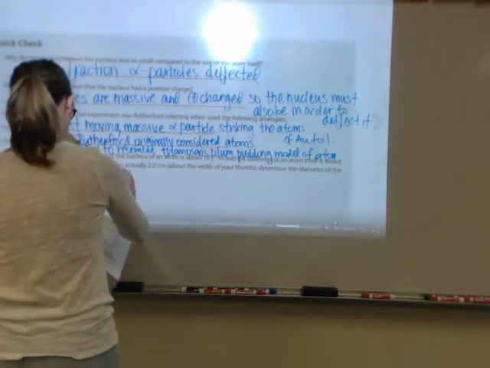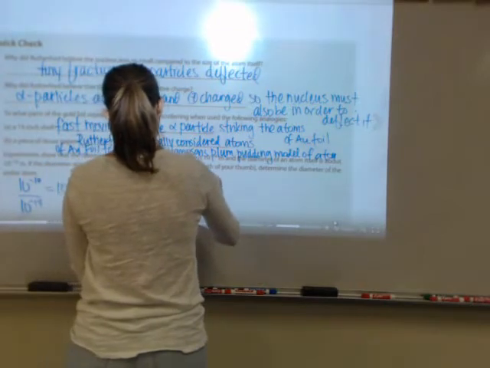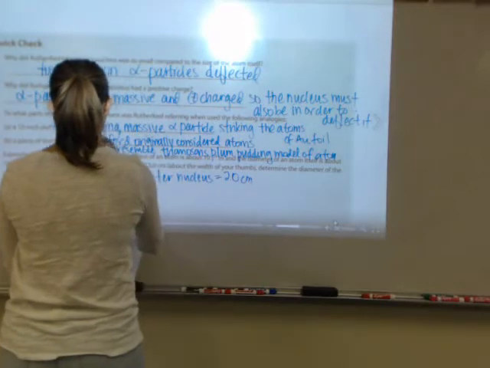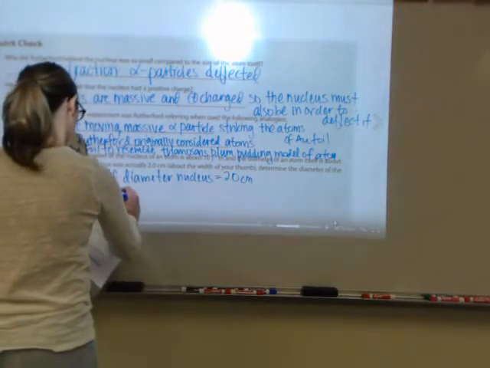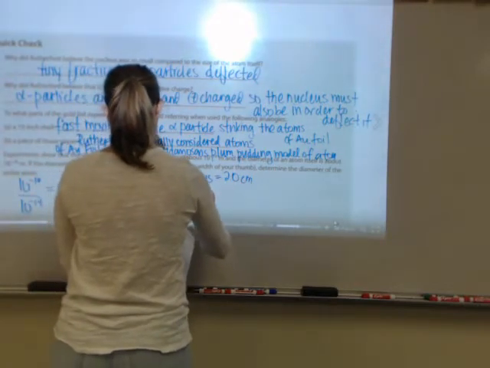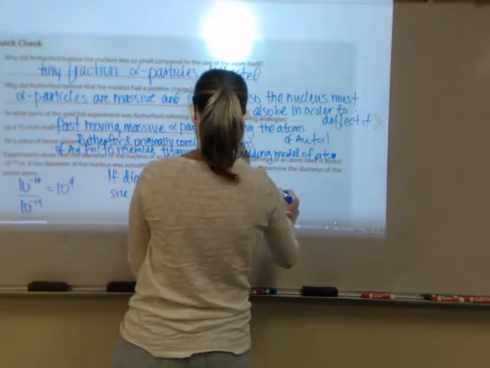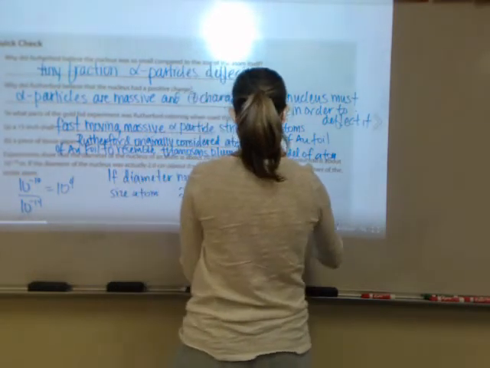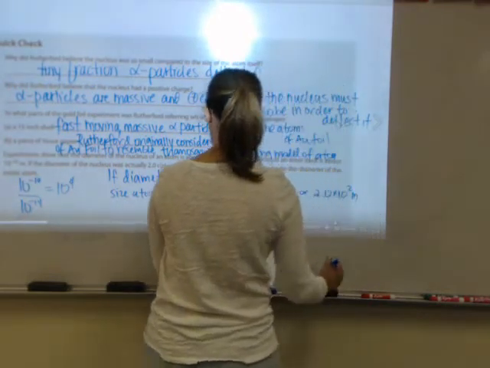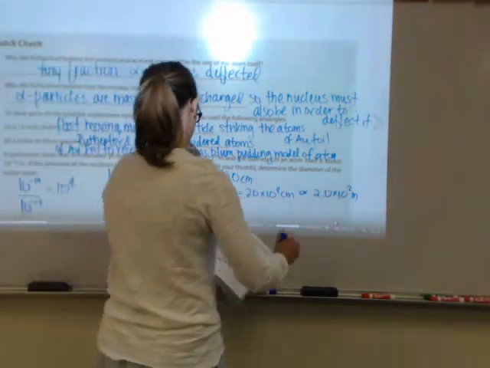So if the diameter of the nucleus is 2 centimeters, then the size of the atom is going to be 2 centimeters times 10 to the 4th, which is 2.0 times 10 to the 4th centimeters, or that would be the same thing as 2.0 times 10 to the 2nd meters. And this is about the length of 2 football fields.